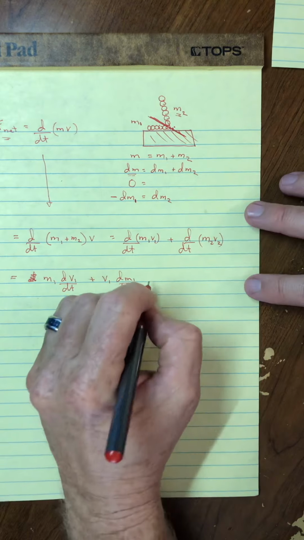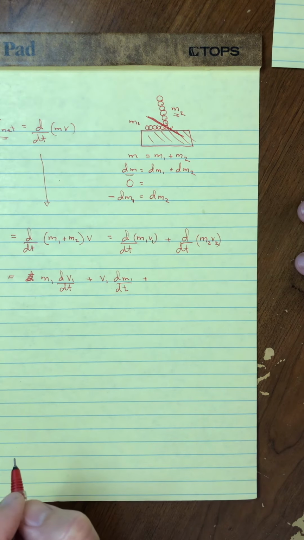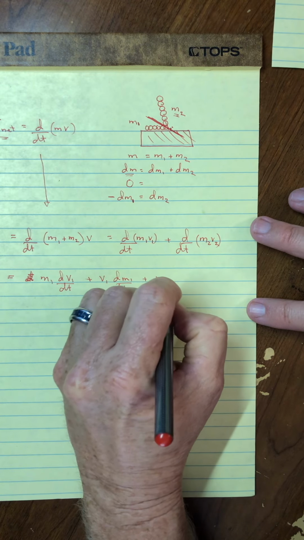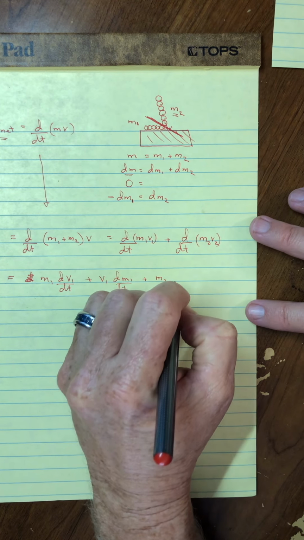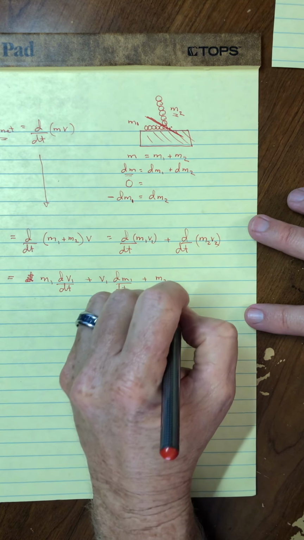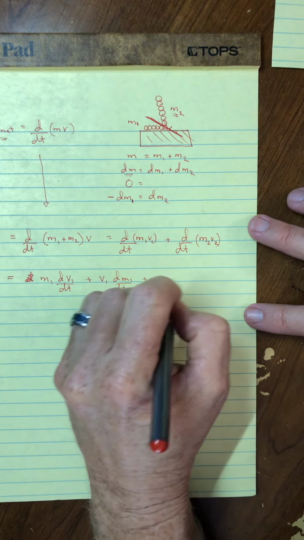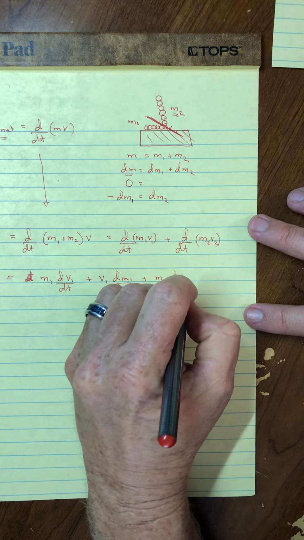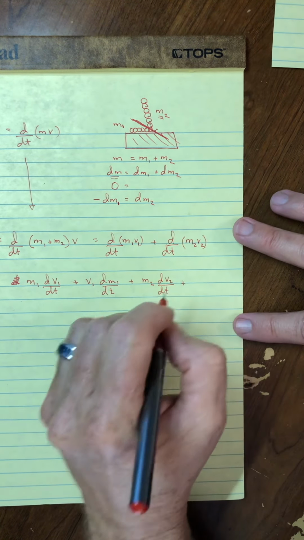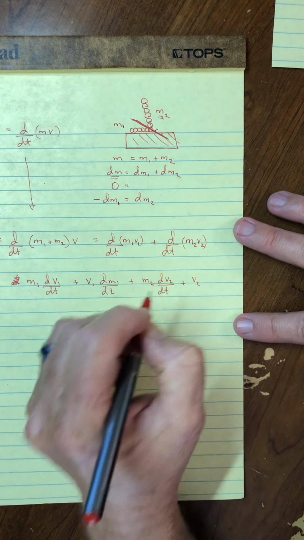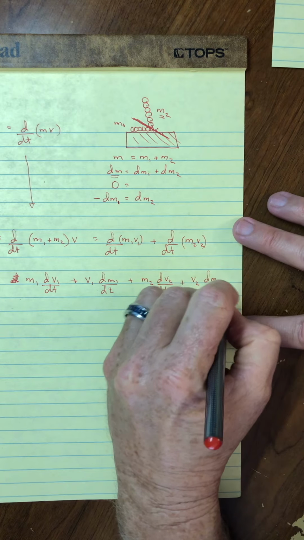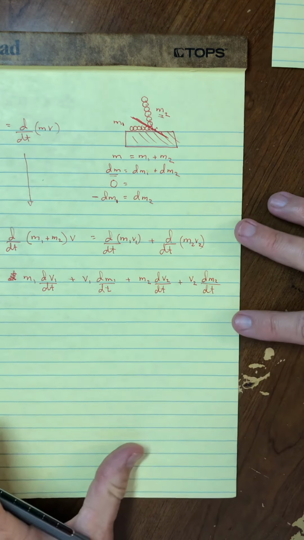Then over here, this right here would be m2, and then I would have the, see if I'm saying this right, dv2 dt. And then I would have then the v number 2, and dm2 dt.